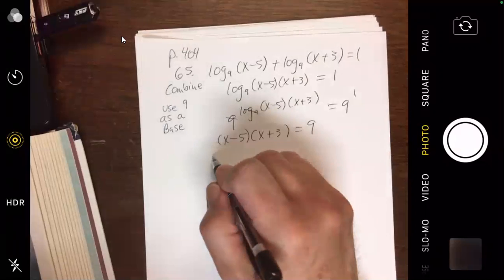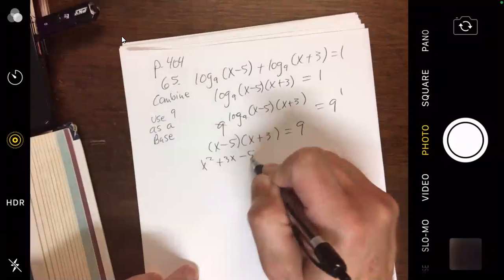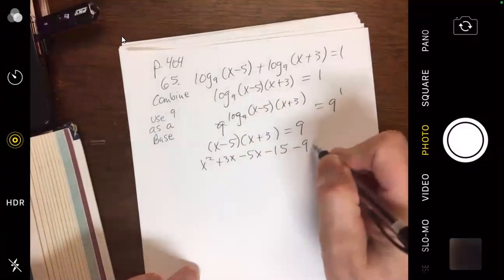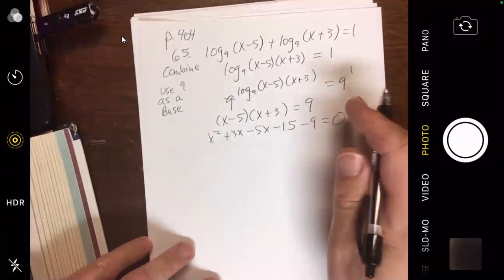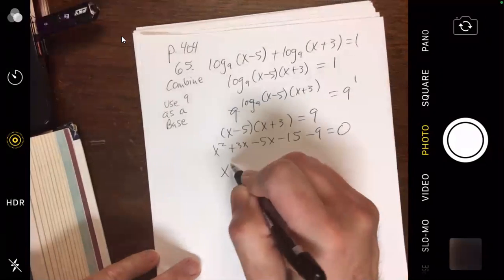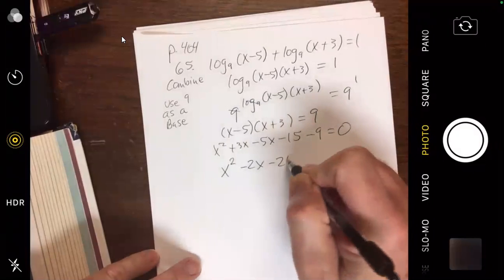Y'all good foilers? 3x minus 5x and minus 15 minus 9 equals 0. You want everything to one side because you get squares, letters, numbers. It's going to give you x squared minus 2x minus 24.